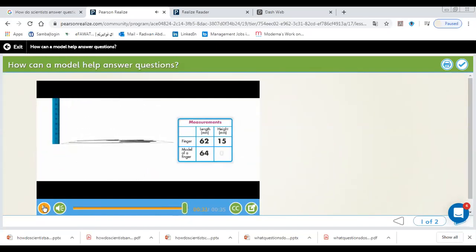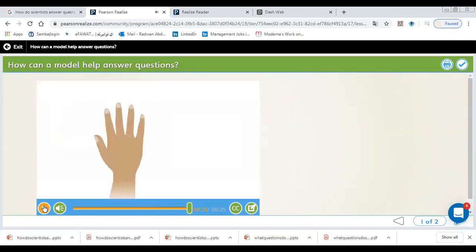The height is 0. So I want all of you to measure, if you can, the height and the length of your fingers. Now let me complete our lesson.